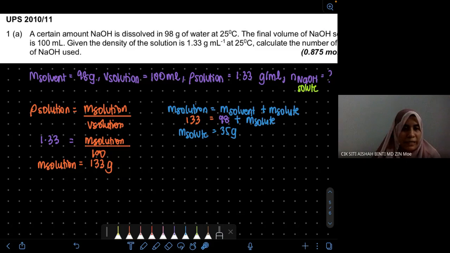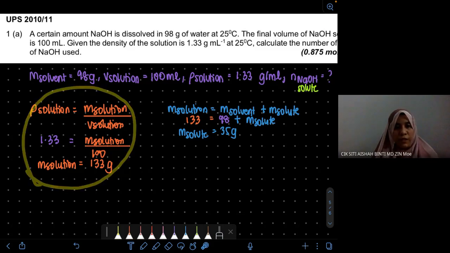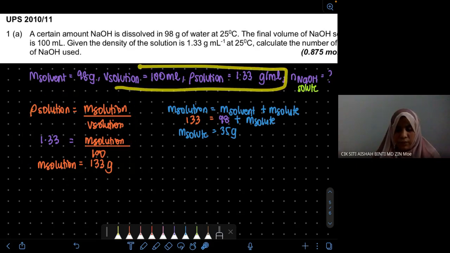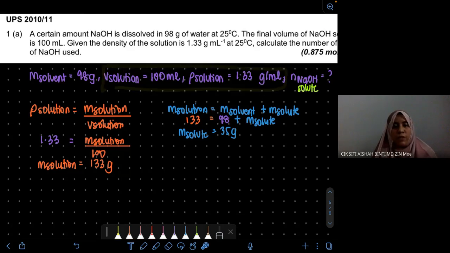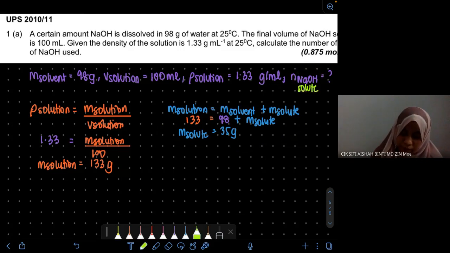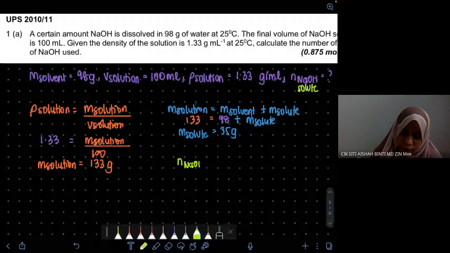Yang part ni sangat familiar kan? Yang density kita keluarkan, the information, about the formula itself. From this information, kita boleh cari the mass of solution. Lepas tu kita boleh cari mass of solute kita, which is our sodium hydroxide. So from the mass itself, kita boleh carilah number of mole of sodium hydroxide ataupun our solute.